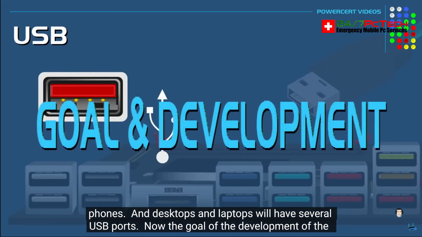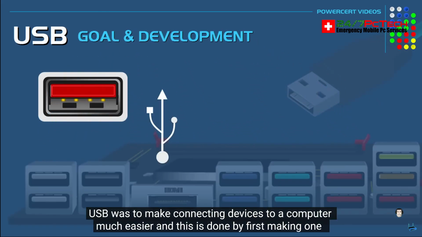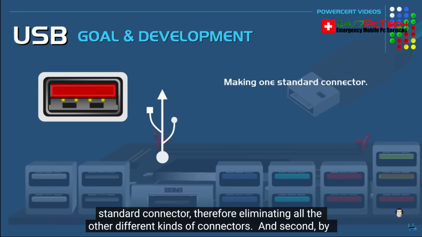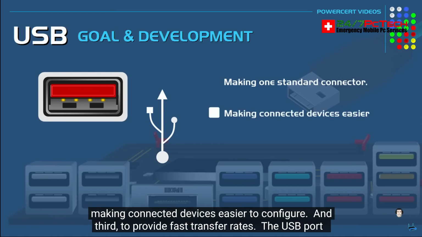Now, the goal of the development of the USB was to make connecting devices to a computer much easier. This is done by first making one standard connector, therefore eliminating all the other different kinds of connectors. Second, by making connected devices easier to configure. And third, to provide fast transfer rates.